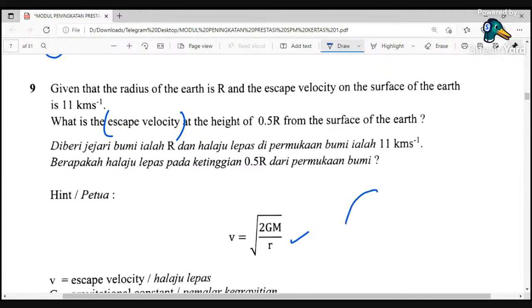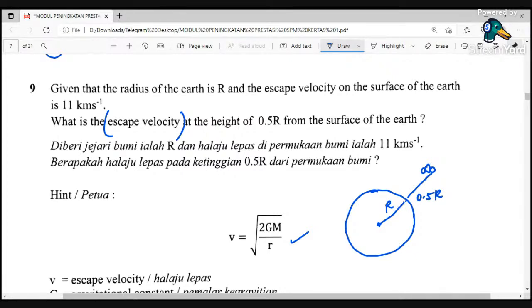Okay, Earth, this is the center, this is radius of Earth, and then height 0.5 r. There is a satellite here at height 0.5 r.